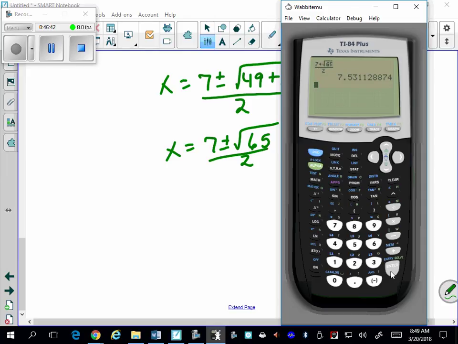Over 2, and that's a negative. Negative hours doesn't make sense. Positive does, so we're going to go with that. We'll just round it to 7.5 hours. So x equals 7.5 hours. Well, what did x equal? Way back up here, x was the hours for 1 kitchen.